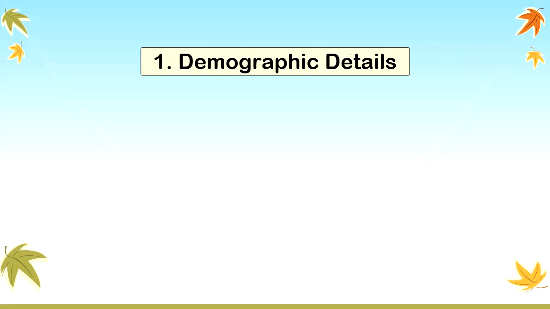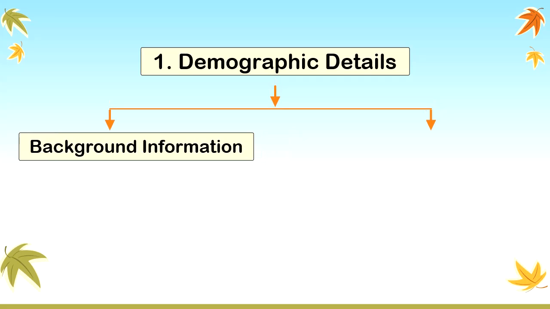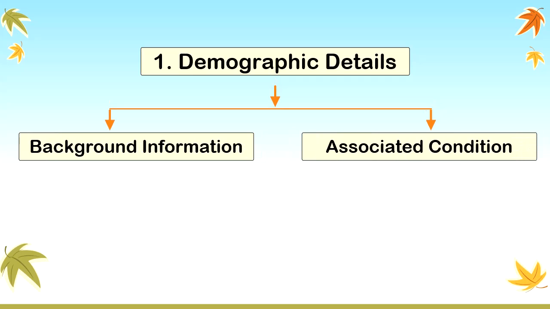The first component of IEP is the demographic details. Demographic details include the details about the parents like father's name, mother's name, family income, location, language spoken, age, etc. The main details in the demographic details are the background information and the associated conditions.